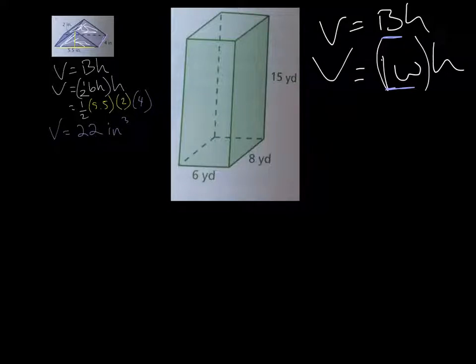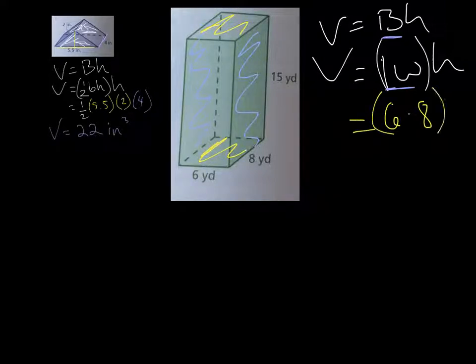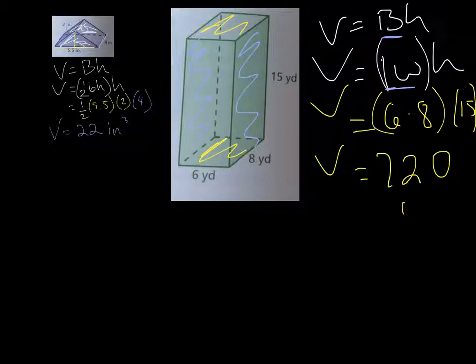If you wanted to pick this side and that one to be the bases, that's fine. Or you could pick the bottom and the top or the front and the back. It doesn't matter. So I'll pick 6 times 8, which then makes the height 15. That's the distance between the two bases. So we get 6 times 8 times 15, which is 720 yards cubed. Don't forget, everything in volume is cubic units.